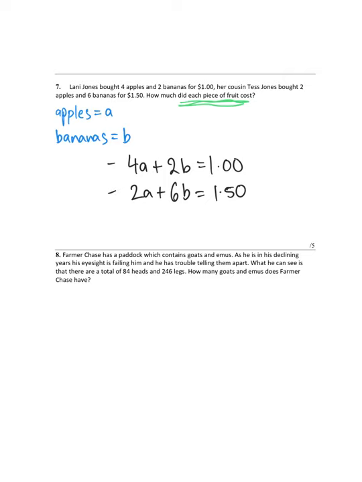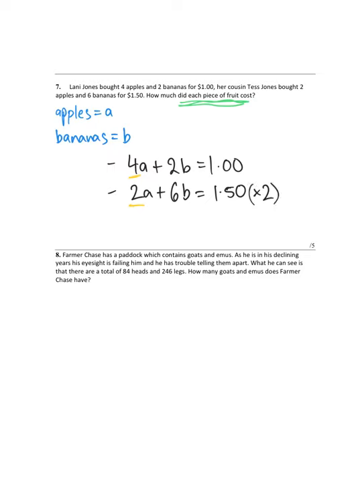Once we've got our 2 equations, we're going to try and solve them. I think solving them by elimination is the easier way. I'm going to match up the A's. If I want to match them up, I can times this bottom equation by 2.